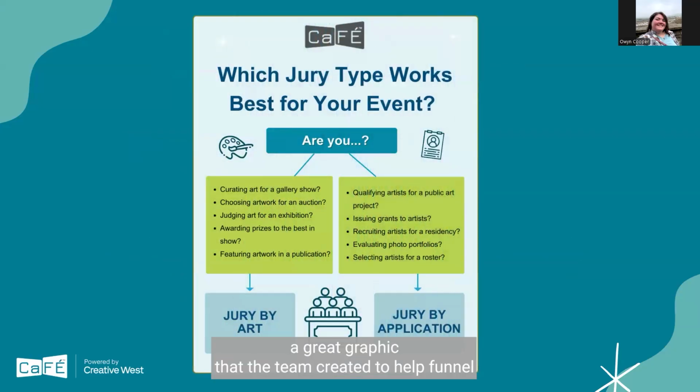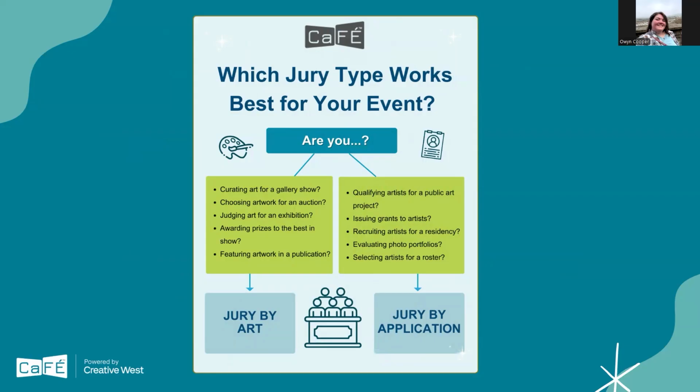Here's a great graphic that the team created to help funnel you into the correct scoring type based off of your goal for the call. Now, really, it's a great visual representation. So, first, are you, for example, curating art for a gallery show? You should go with scoring by art.